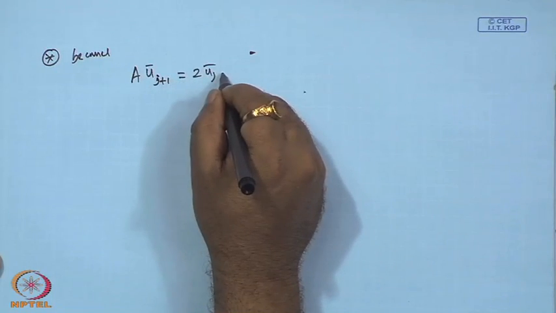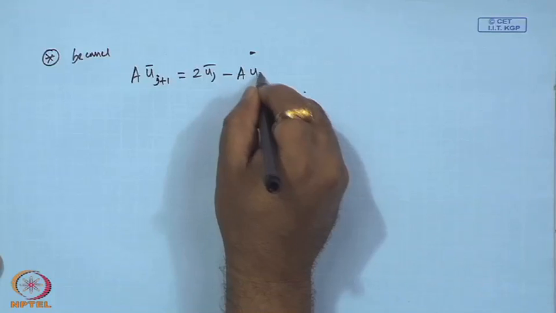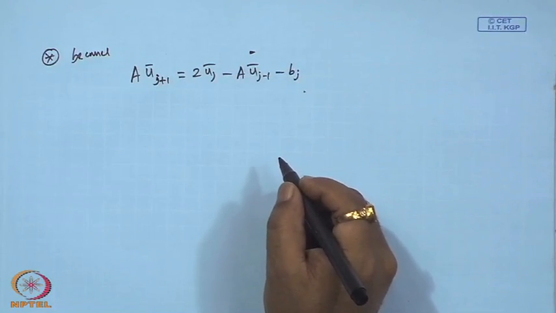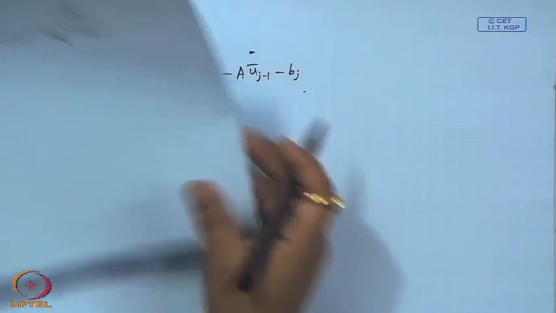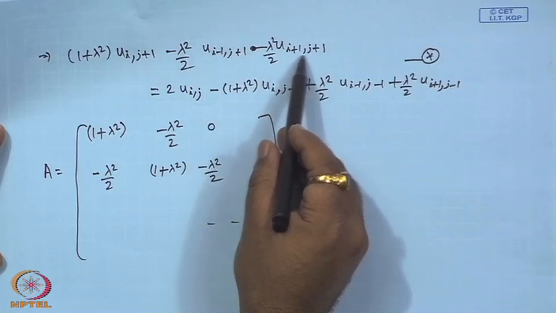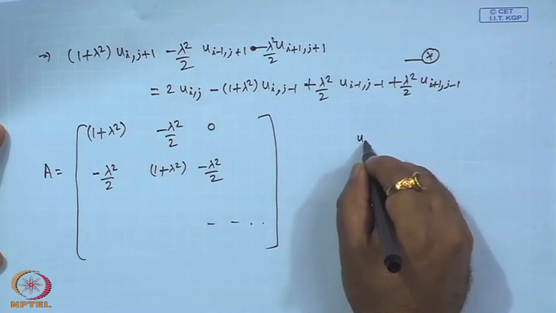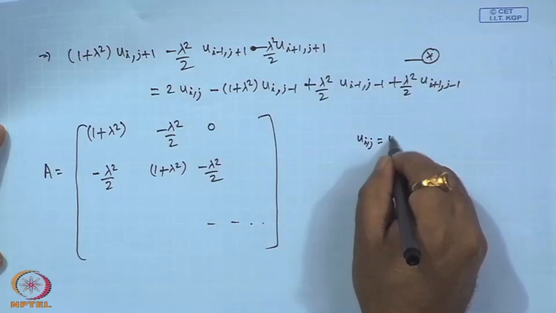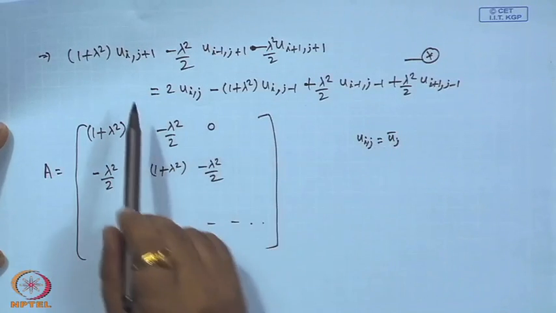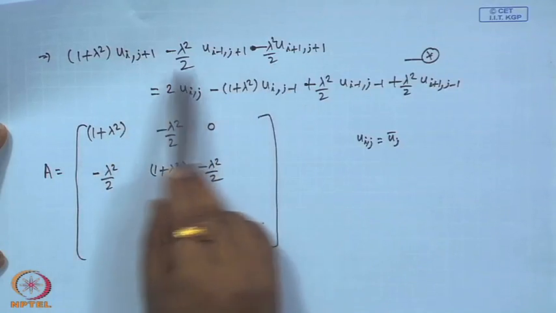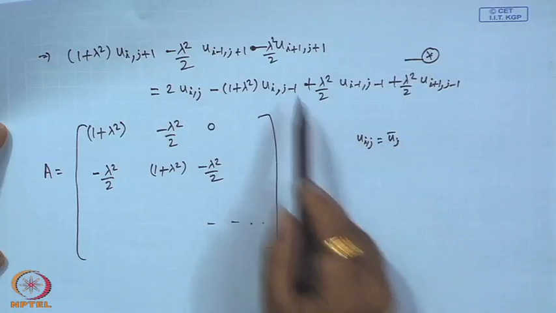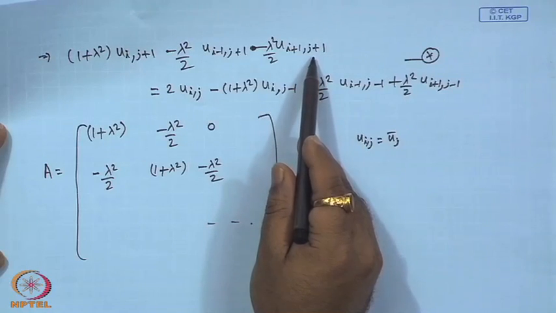2 u j bar. So, what is the notation? We have this equation. So, this produces matrix A on j plus 1. So, we are using the notation u I j is u j. Okay. So, with this notation, this contributes to matrix A, okay, and the left hand side they are at j plus 1.